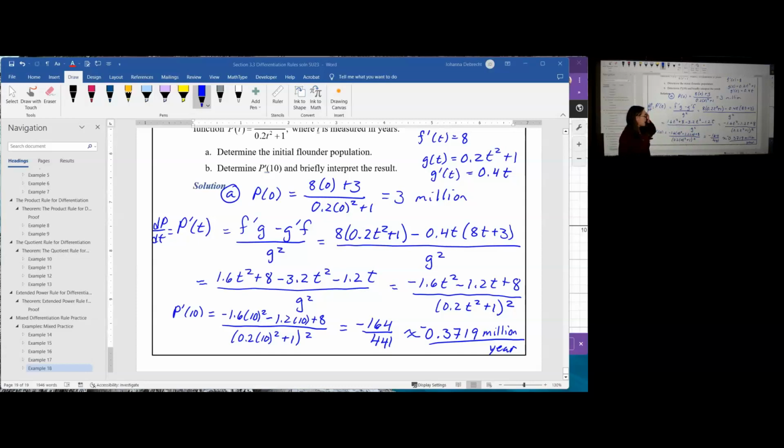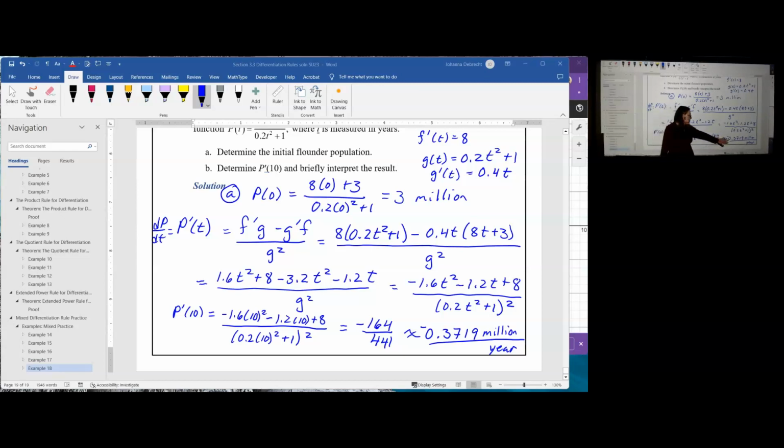Now that you've worked it out, I hope that you ended up with this simplified expression over here on the right. Negative 1.6 t squared minus 1.2 t plus 8, all divided by g squared. When I substitute 10 in place of time, I end up with the proper fraction negative 164 divided by 441.